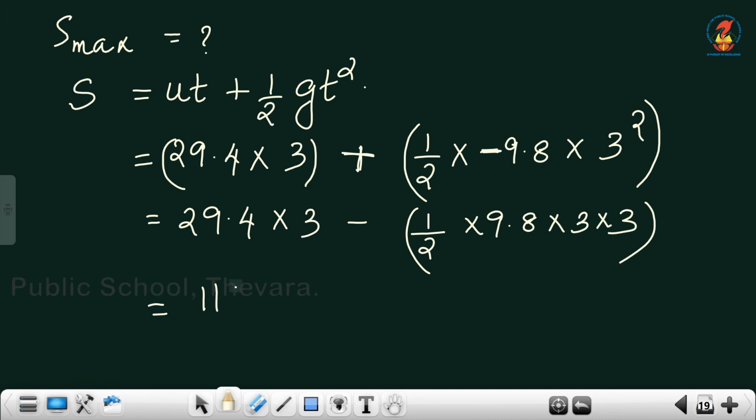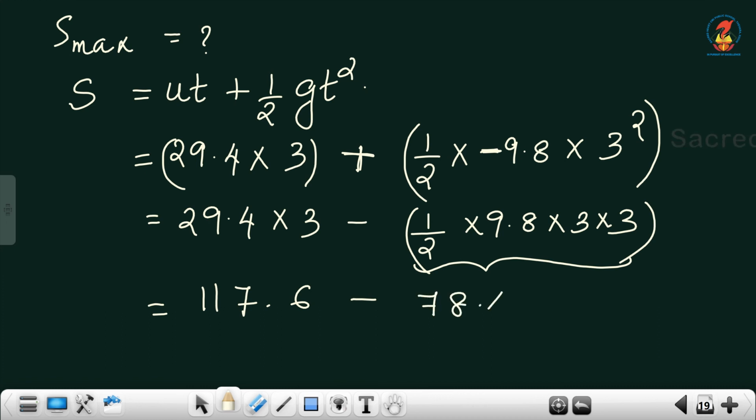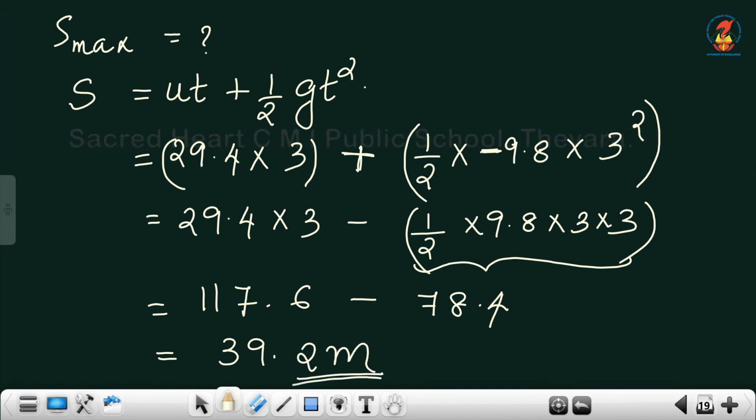29.4 into 3 is 117.6. When you solve the second term, you will get 78.4. When you subtract 117.6 and 78.4, you will get the answer of S as 39.2 meters.